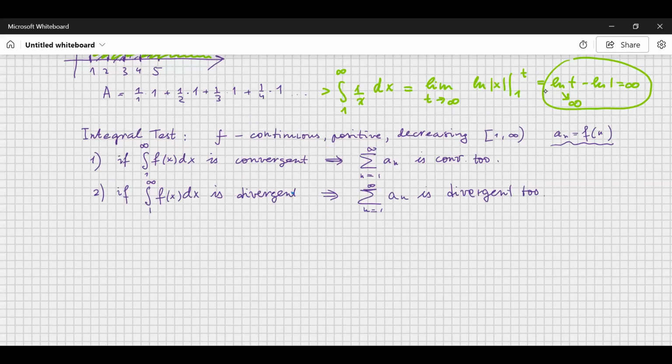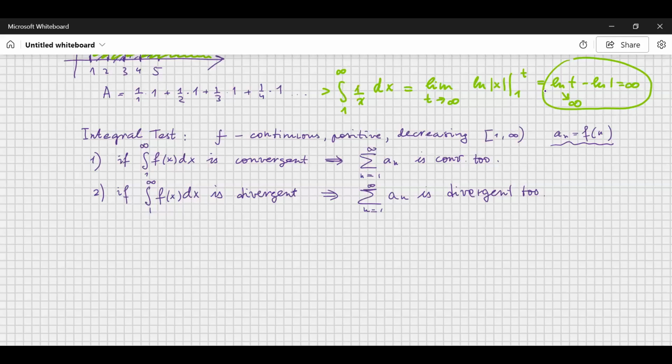You check the integral, and then the series is going to behave the same way as the integral. Again, why? Because we can always build rectangles in whichever direction we like. If the integral is divergent, we build them above, and if the integral is convergent, we build them below.